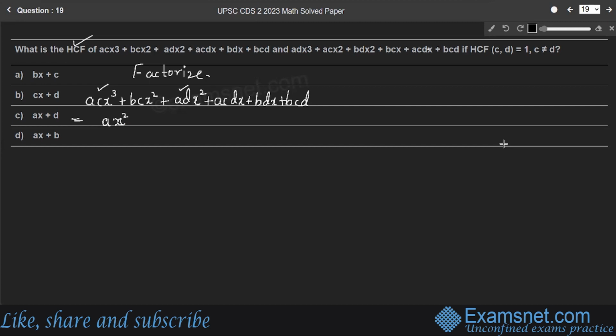No, we'll consider the first and the second term, in which Cx square is common, and the remaining term will be Ax plus B, right? Cx square into Ax plus B.